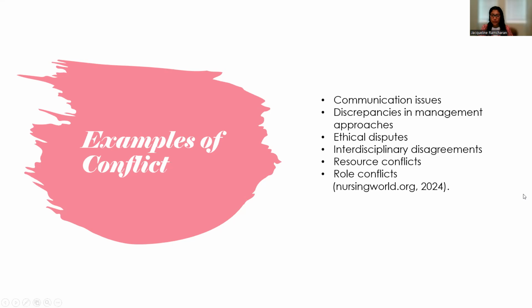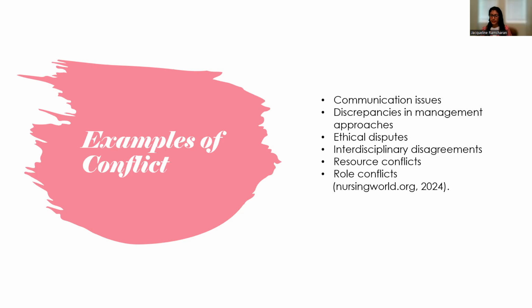So some examples of conflict, they can be categorized into either communication issues, discrepancies in the management approaches, ethical disputes, interdisciplinary disagreements, resource conflicts, or role conflicts.